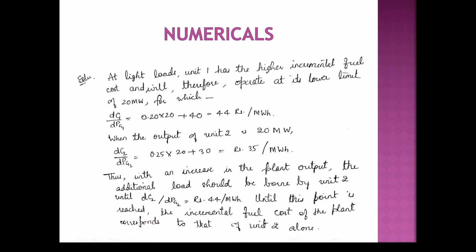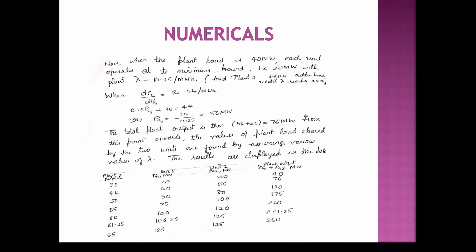So with the increase in plant output, additional load should be borne by unit 2 until dC2 by dPG2 is 44 rupees per megawatt hour. Until this point is reached, the incremental fuel cost of the plant corresponds to that of unit 2 alone. Now when the plant load is 40 megawatt, each unit will operate at its minimum bound, that is 20 megawatt, with lambda equal to 35 rupees per megawatt hour.